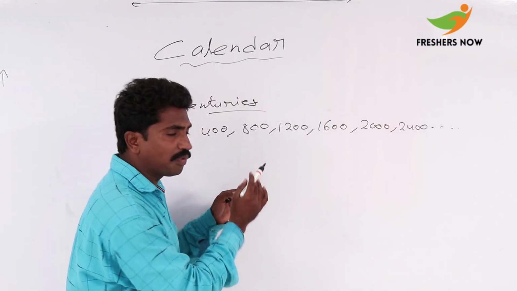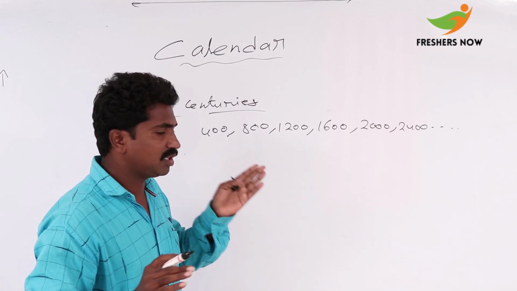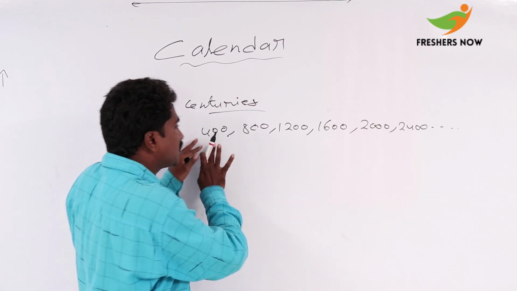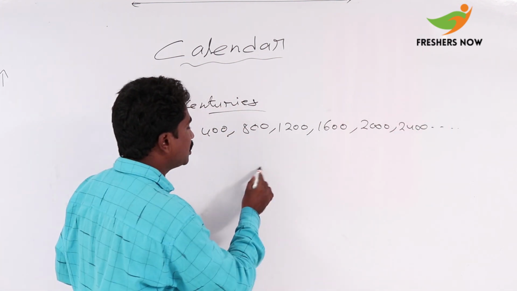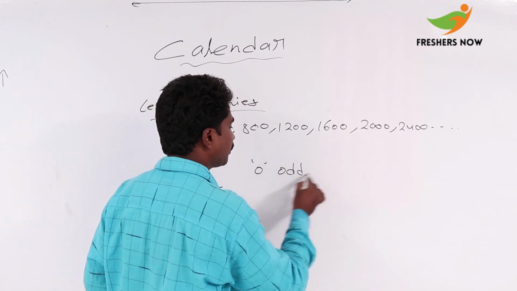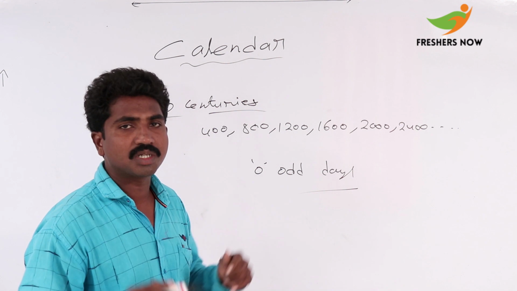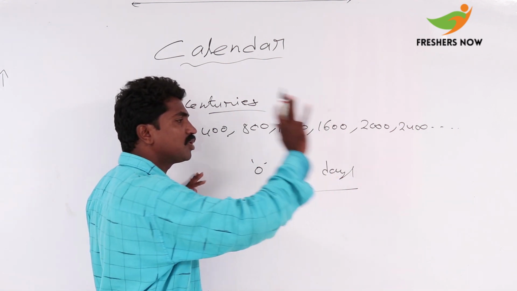They are more useful to find the original calendar. For a running race, the starting point is very important, like that. To find the original calendar, we use the leap centuries as the base or starting point. The leap centuries have 0 odd days.